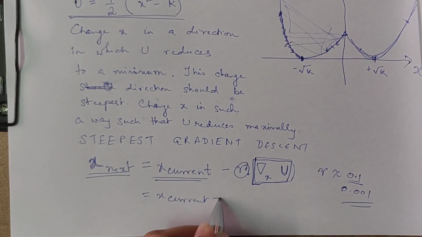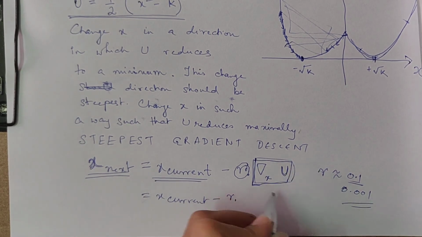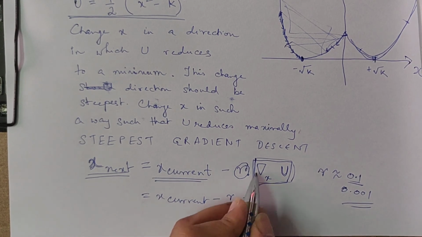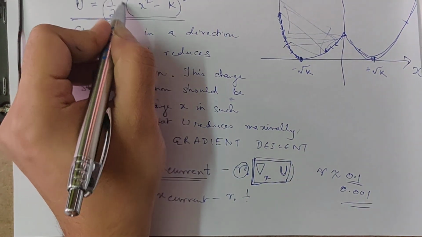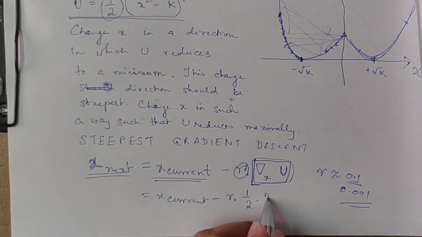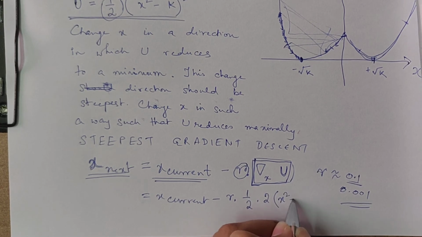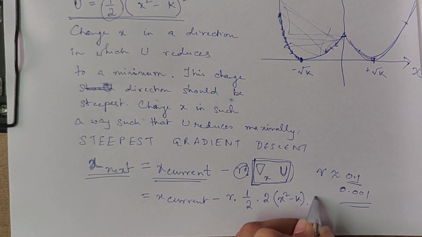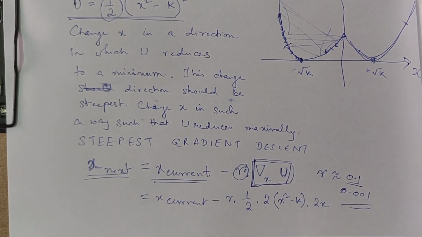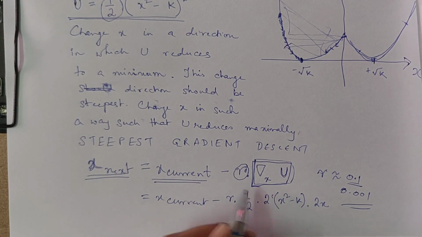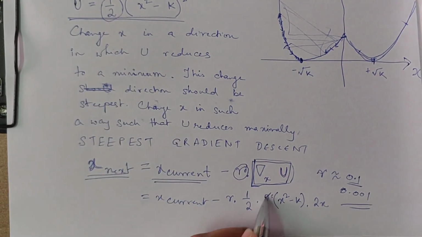x current minus step size into del x of u, where u is half into x squared minus k, whole squared. Why I chose a half here you will find now. Half into the derivative of this is 2 into x squared minus k into 2x according to chain rule. You can choose a 1/4 here also to cut all these numbers off.